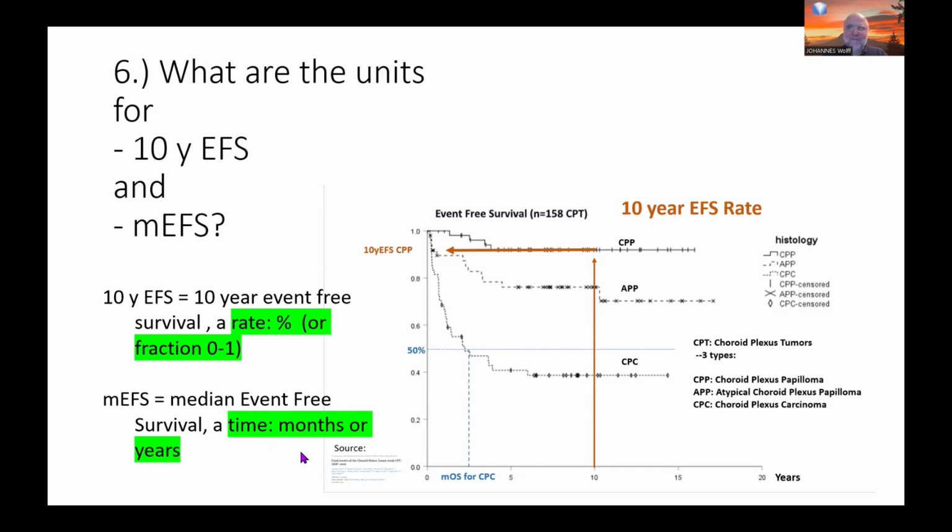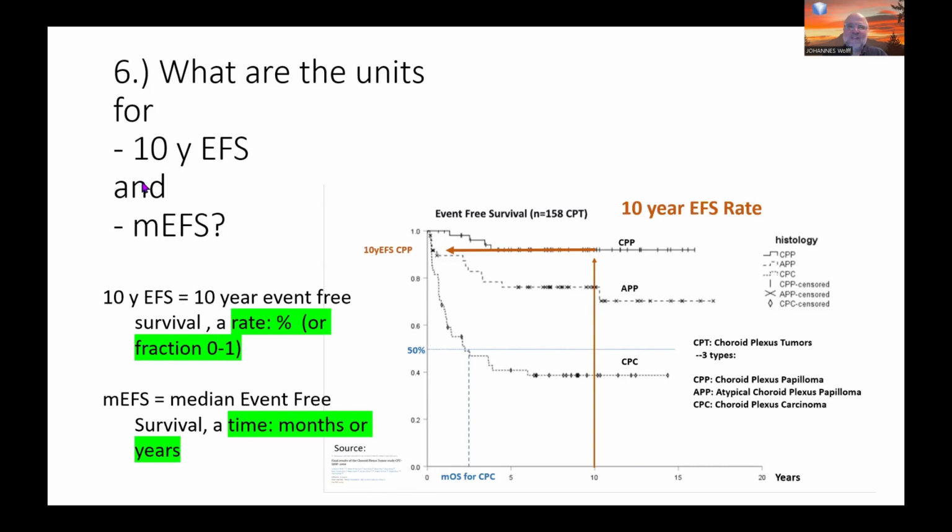In the context of a Kaplan Meier curve, when you want to see the median event-free survival or median overall survival, you start at the 50% mark on the y-axis, you go to the right where it hits the curve, you go down, and then you can read the median overall survival or median event-free survival time on the x-axis.